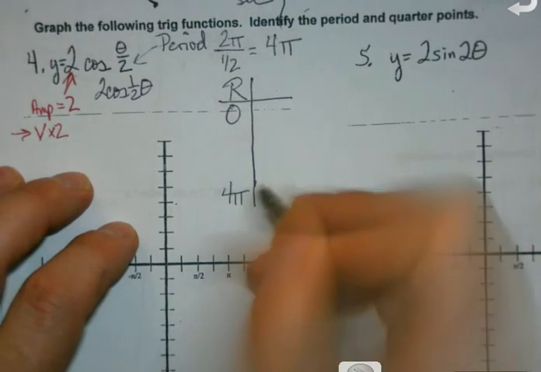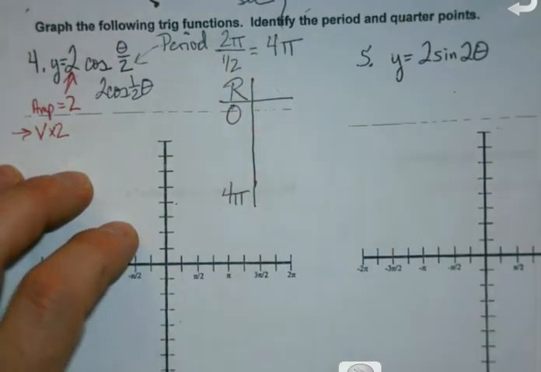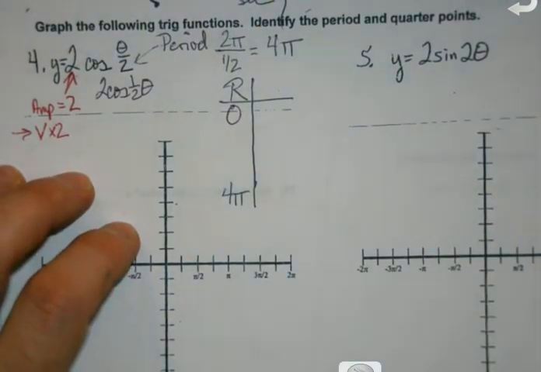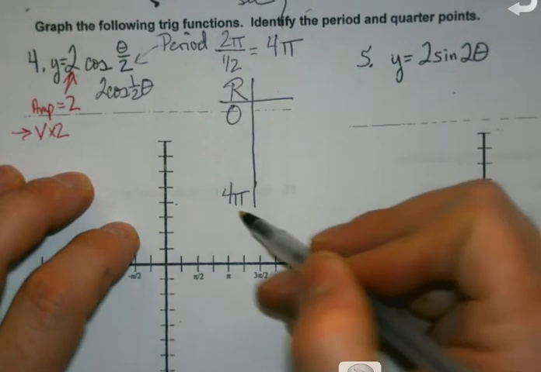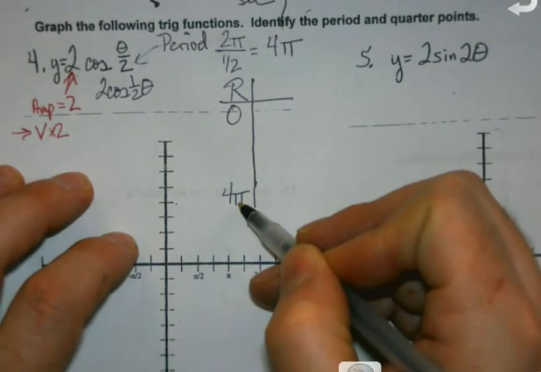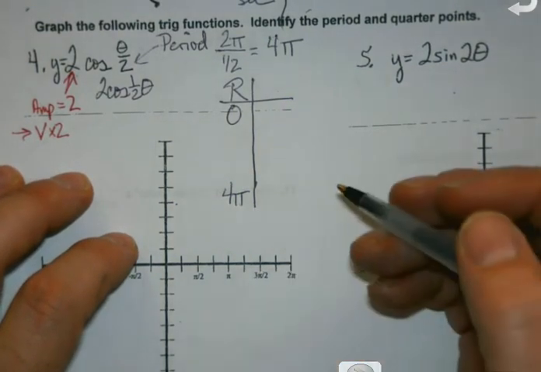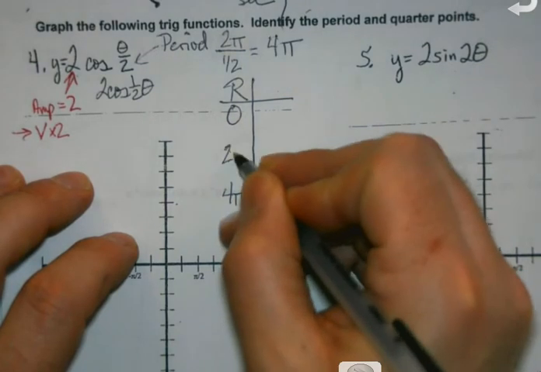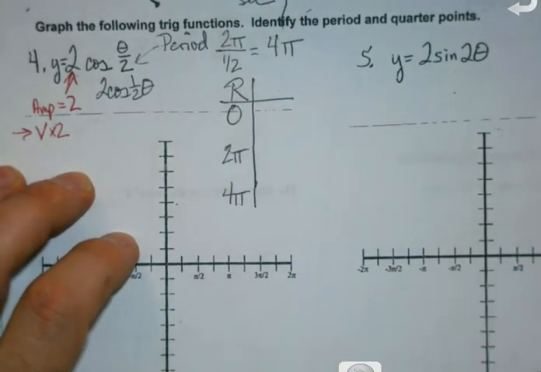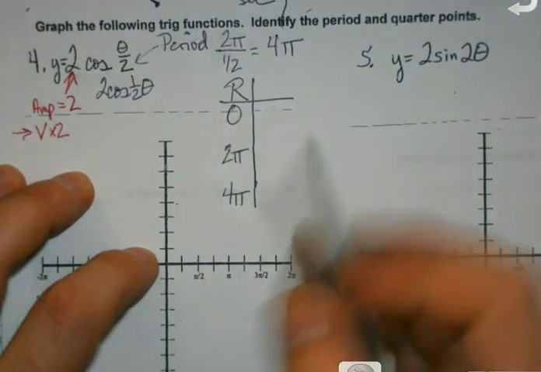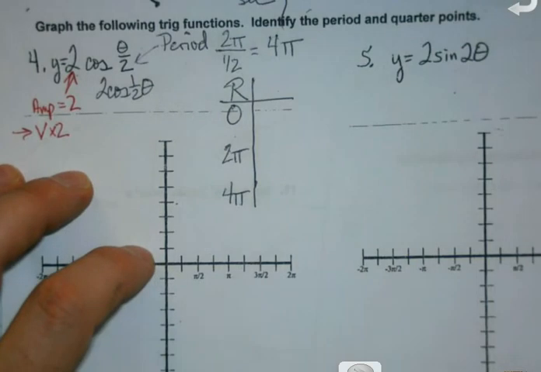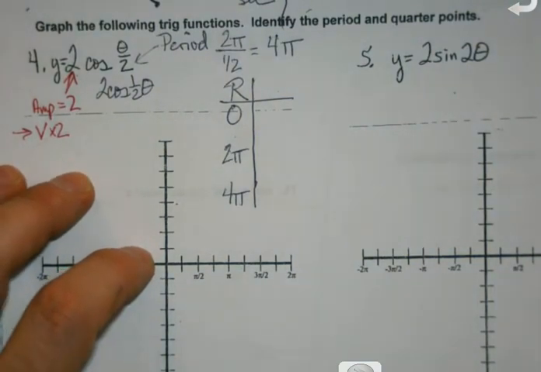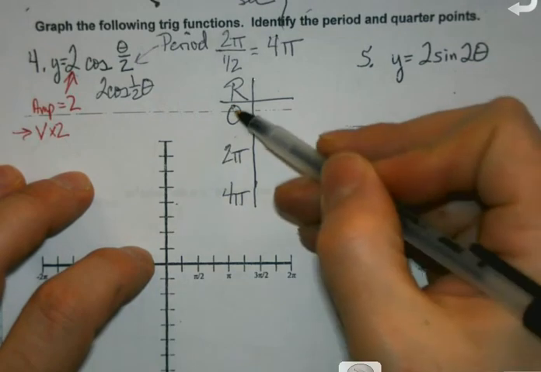I know as a base, I'm always starting with 0 and then going to whatever my regular period would be here, which in this case is going to be 4 pi. But remember, we're doing quarter points. I know 2 pi is going to be in the middle. It means there would be, after 0, 4 more places that I'm putting dots. Well, that's what we've been doing all along. What's in between 0 and 2 pi?